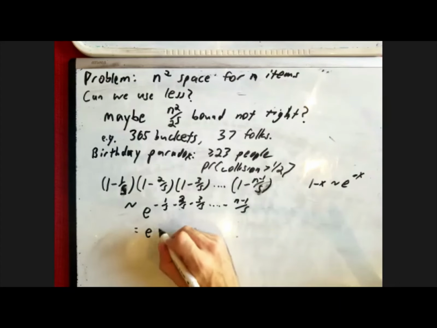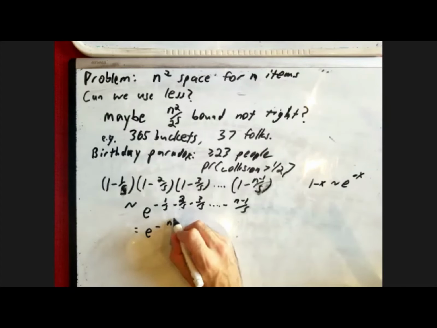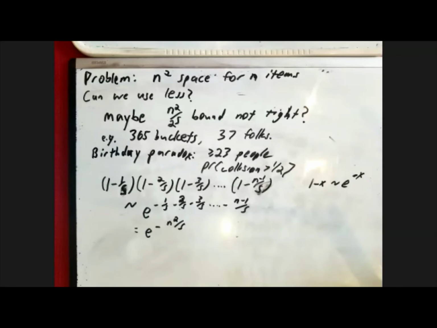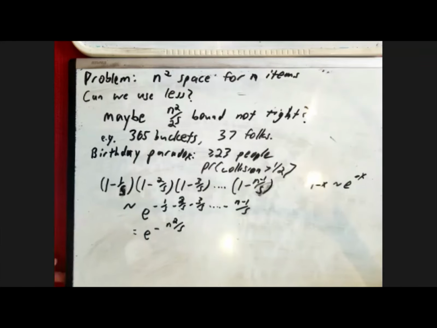This is going to be e to the minus n squared over s or so, and so this is the probability of no collisions. Once n squared is bigger than s, the probability of no collisions becomes very small. So if we don't make our hash table quadratic in size, we're almost certainly going to see collisions.